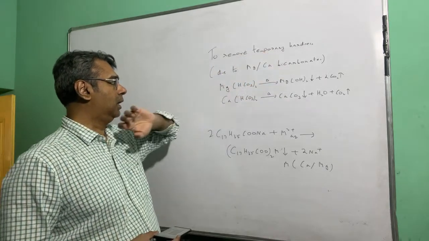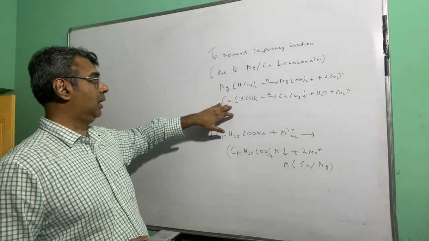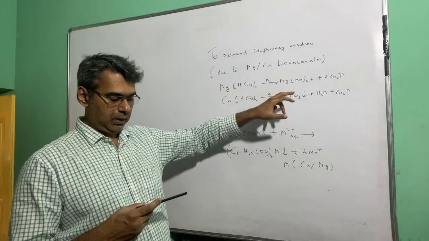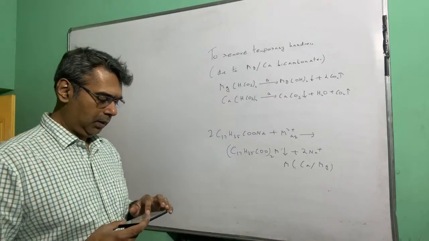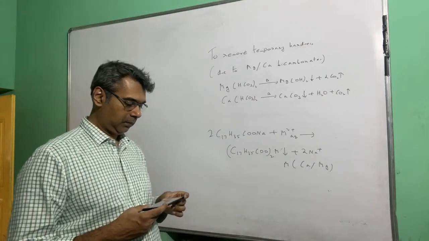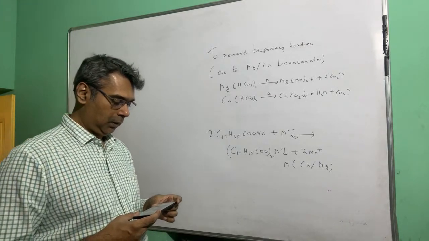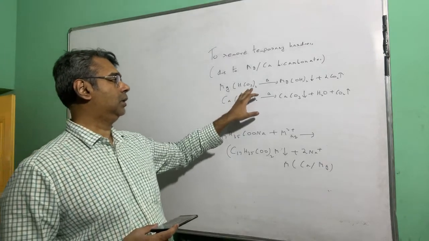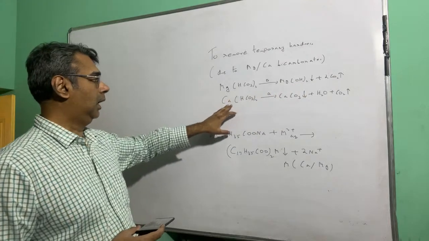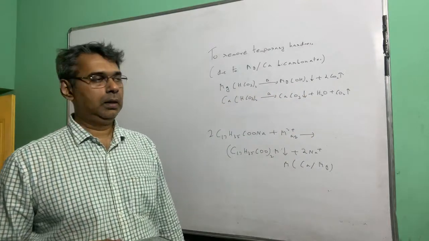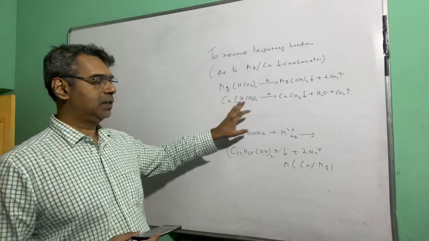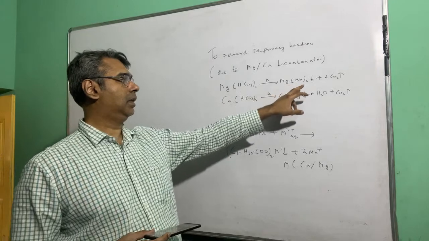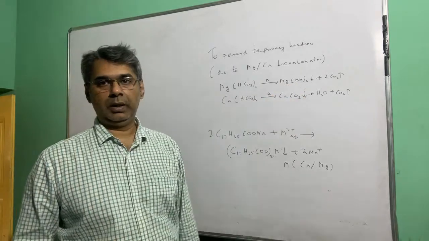To remove temporary hardness, if you heat the magnesium or calcium bicarbonate, just ordinary heating like boiling, the magnesium bicarbonate will get converted to magnesium hydroxide, and the calcium bicarbonate will get converted to calcium carbonate.